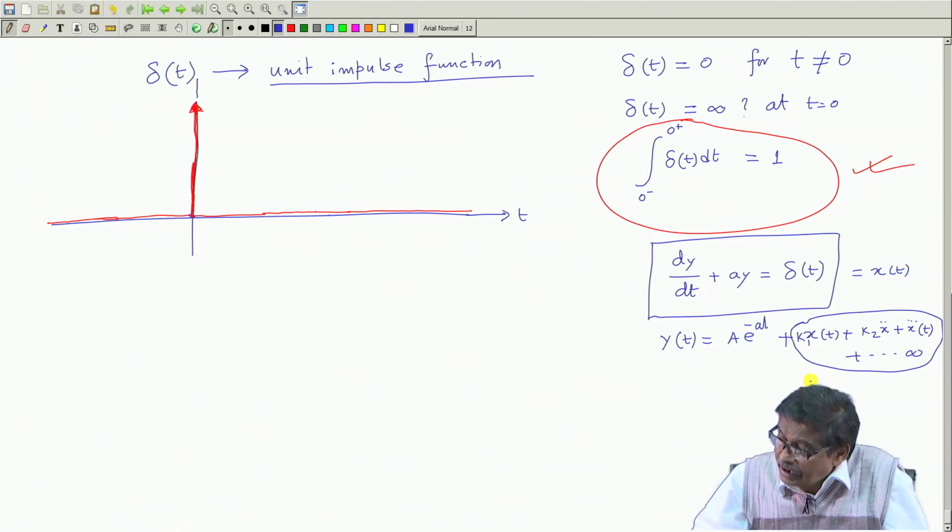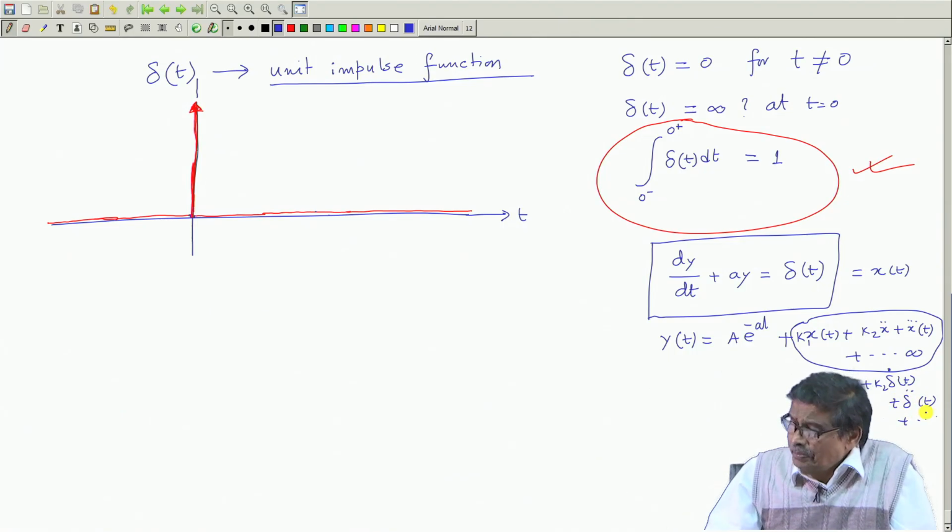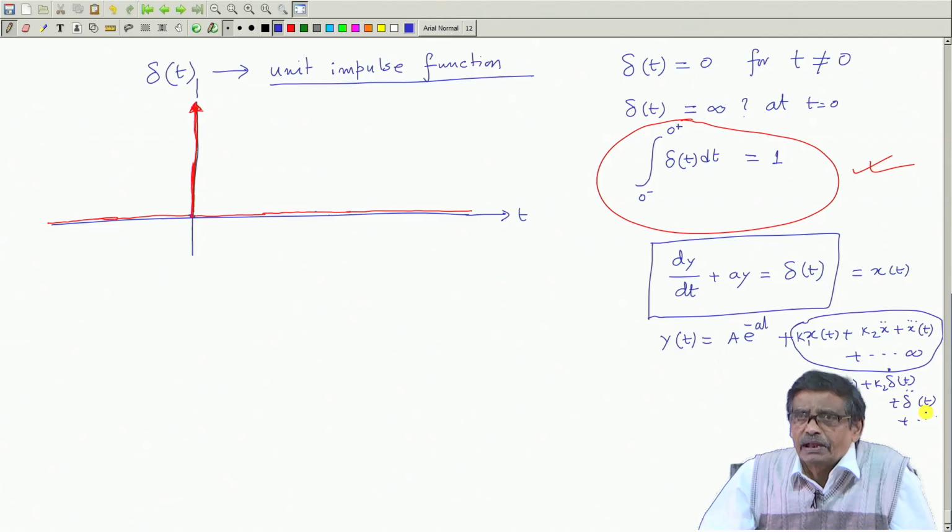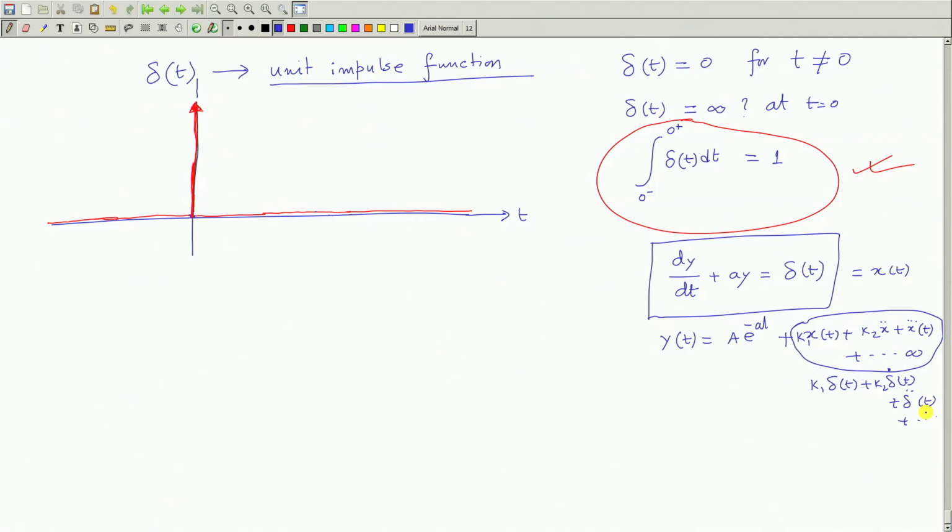In this case I should not write the solution as delta t plus k 2 delta dot plus delta double dot. No, it will not be like that, because of the simple fact about delta dot t, what does it mean? If time permits, I will explain, but if such a thing exists, it will be difficult.